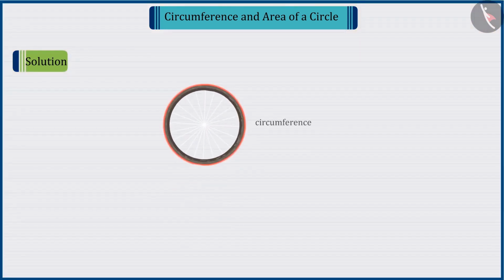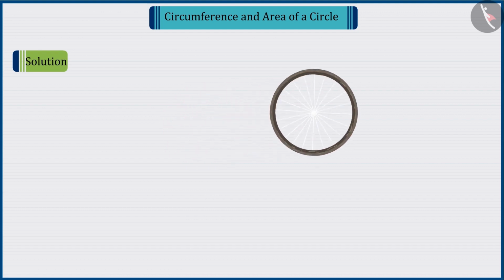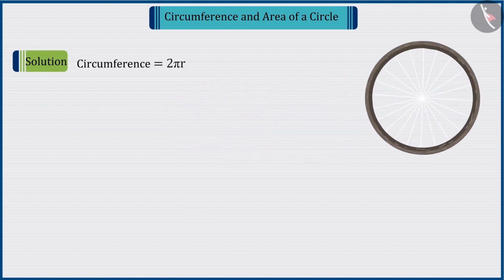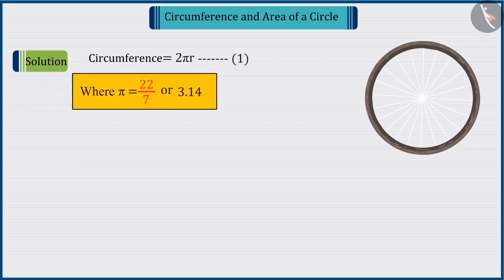But we do not know the value of its length, that is, its circumference. So, can you find the perimeter of the wheel? Since we know that the circumference is equal to 2 pi r, where the value of pi is 22 upon 7, r is the radius. But here, the value of r is unknown. So let's find the value of r.